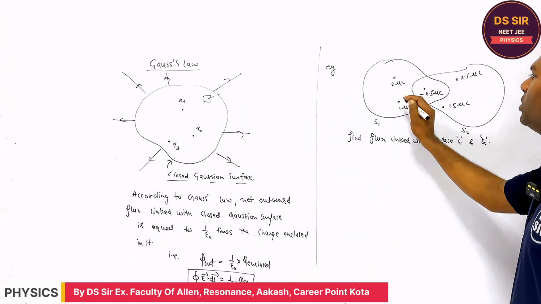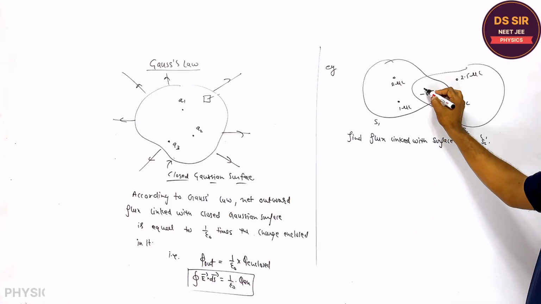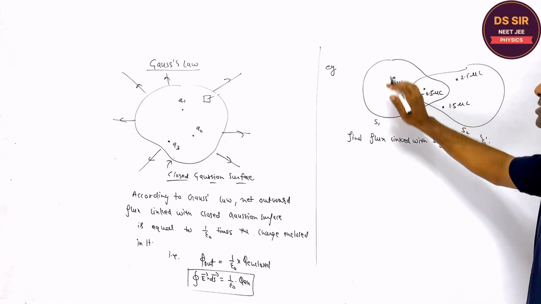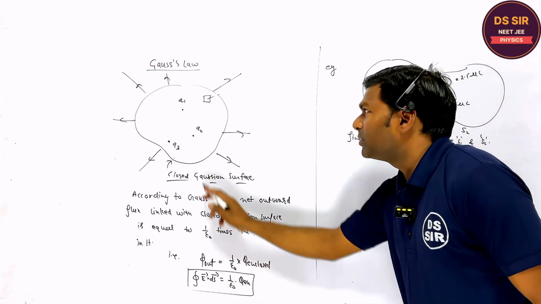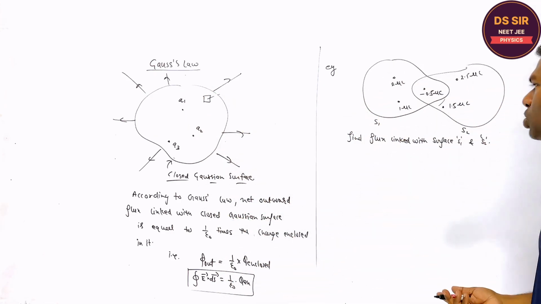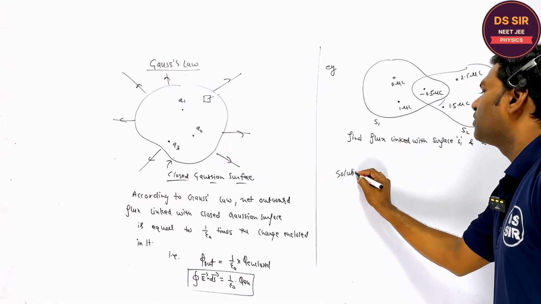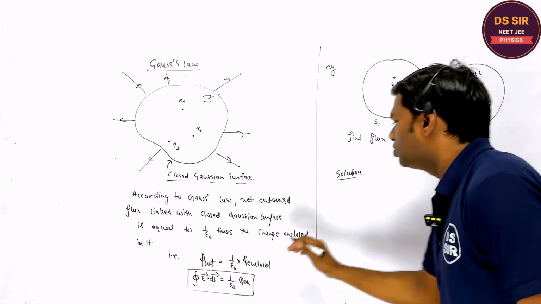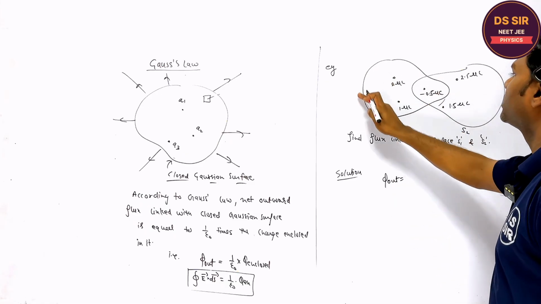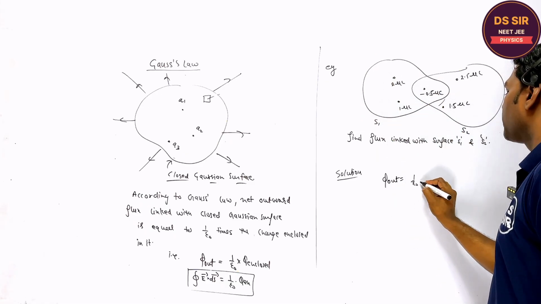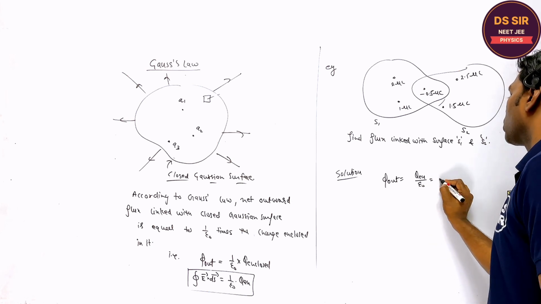Listen, although there is no calculation formula to find the flux linked with this surface, with the help of Gauss's law or Gauss's theorem we can write it directly. According to this, the outward flux linked with this surface is nothing but 1 upon epsilon naught, or you may write charge enclosed divided by epsilon naught.